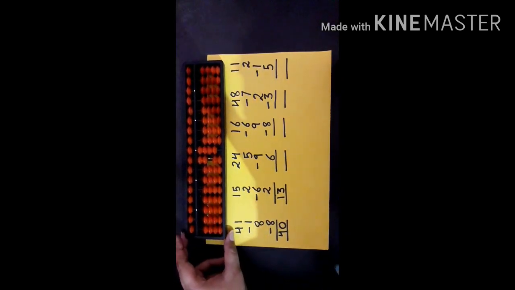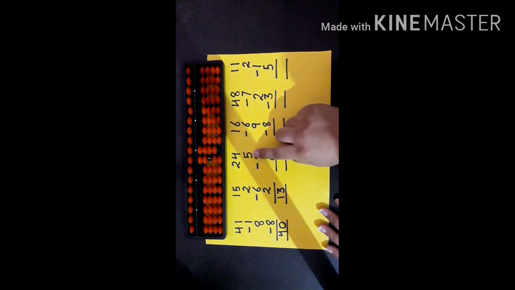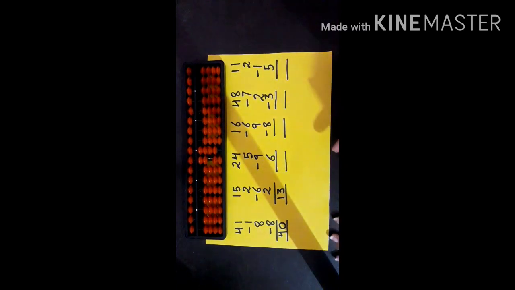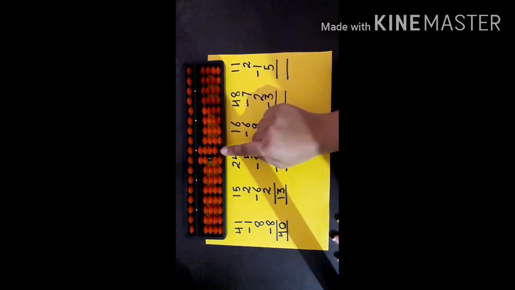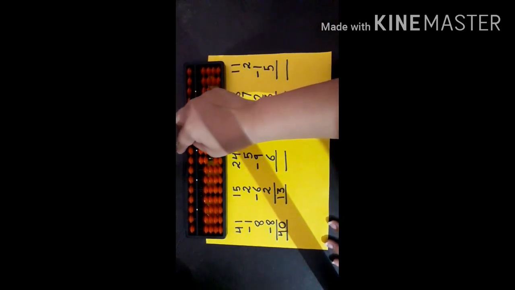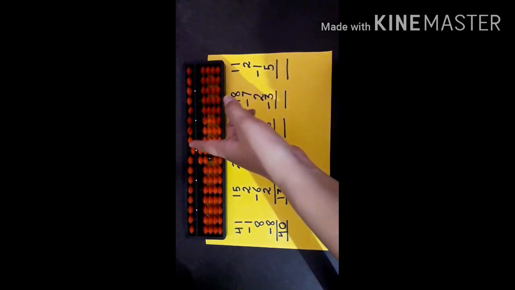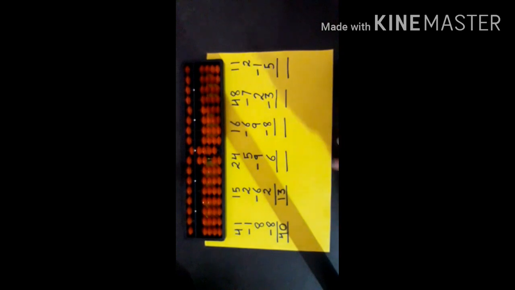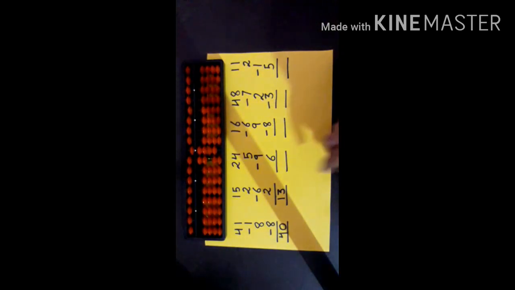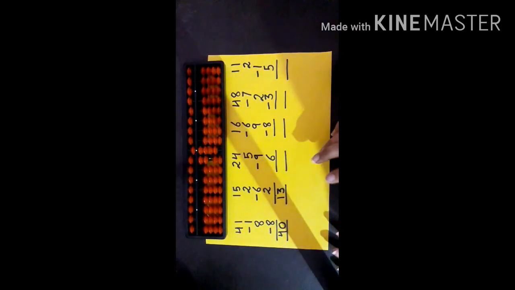Now you have to add 5. Now 5, where is 5? Dot, units rod, upper bead value is 5. Down. I have told you in this video previously that for adding you have to put the upper bead down. 5 down, you have added 5.